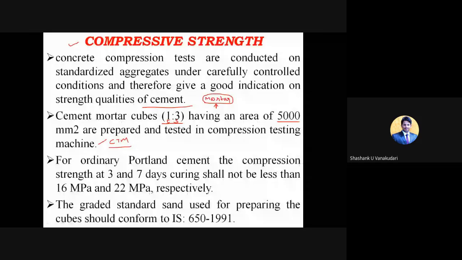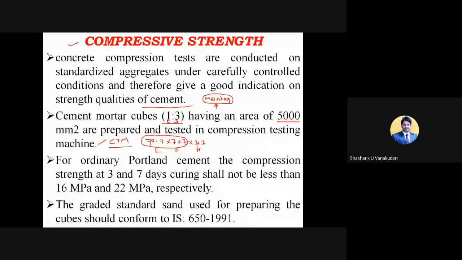Okay, so here they have given 5000 mm square. So how will this 5000 mm square be there? The actual size of the cement mold will be 70.7 by 70.7, that is in terms of mm. Okay, so this is length, breadth, height. So when you want to consider area, you can consider length and breadth, so that the area will come.